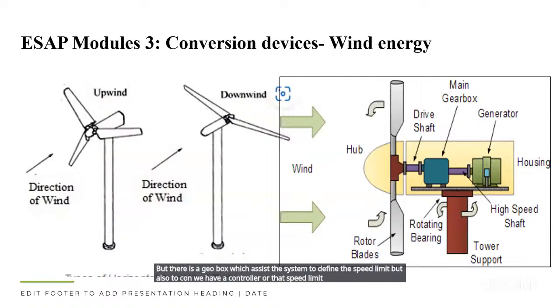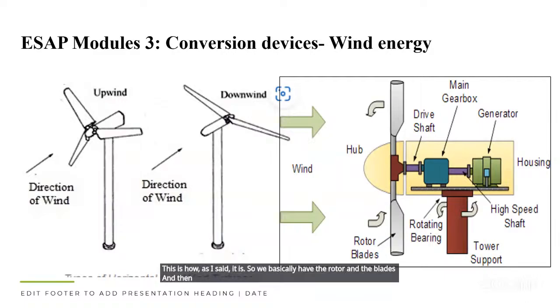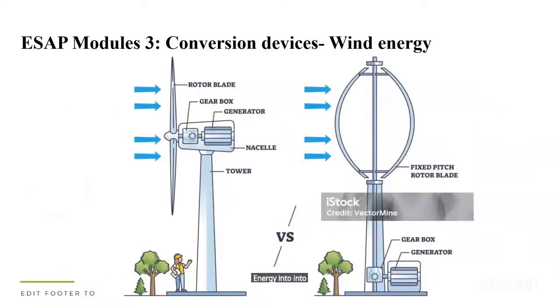This is how, as I said, it is. So we basically have the rotor and the blades, and then you have the shaft and your gearbox, but you also have a generator, which assists now to move from the kinetic energy into electricity.